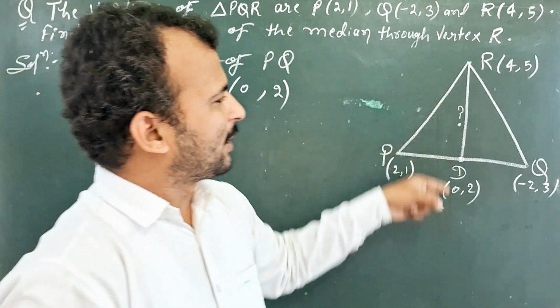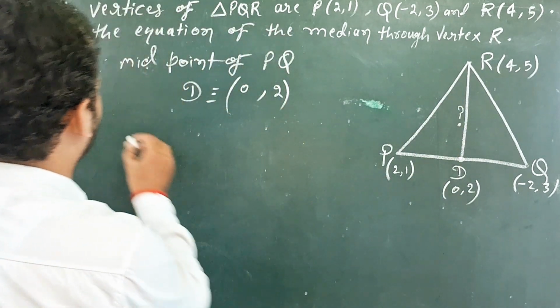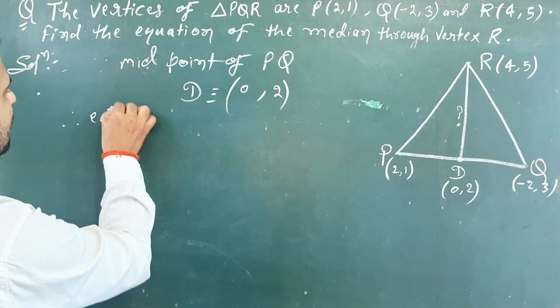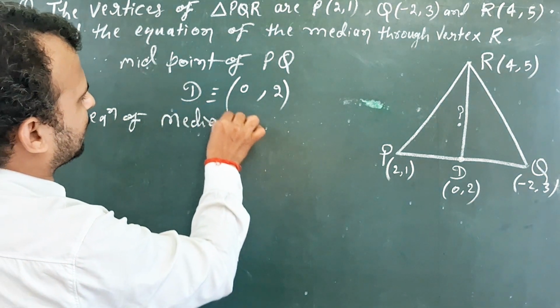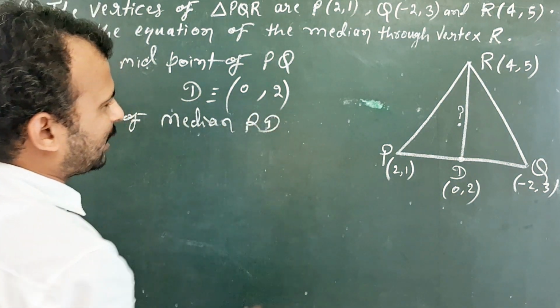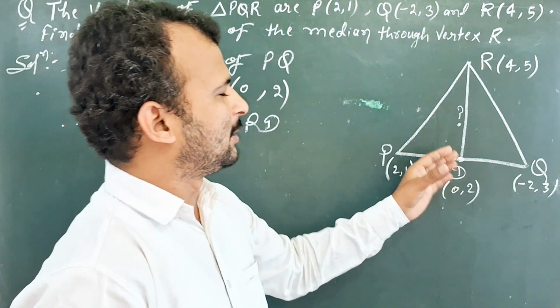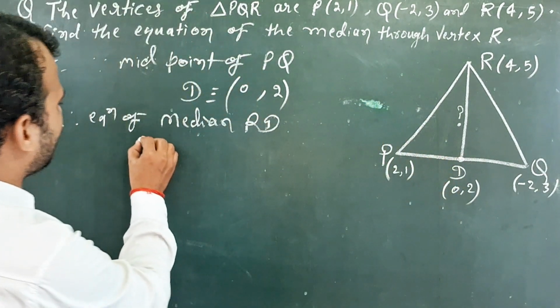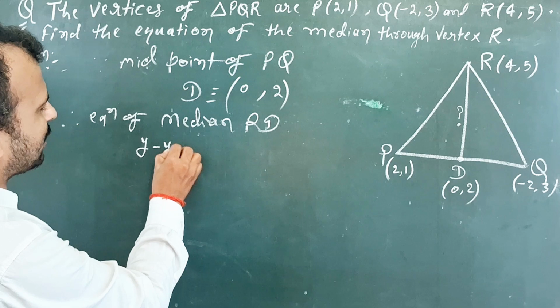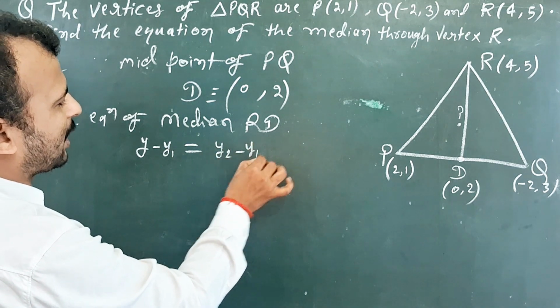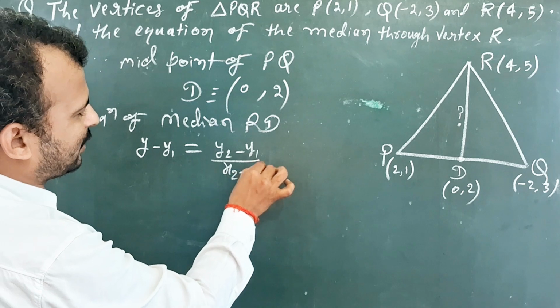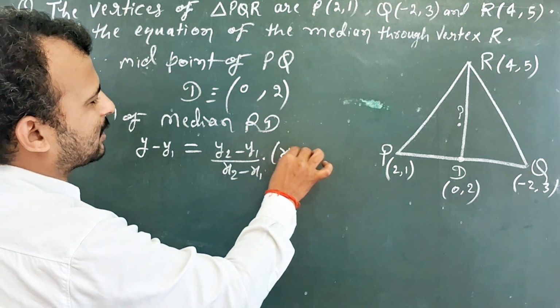And we have to find the equation of RD. Therefore, equation of median RD is y minus y1 equals y2 minus y1 by x2 minus x1 into x minus x1.